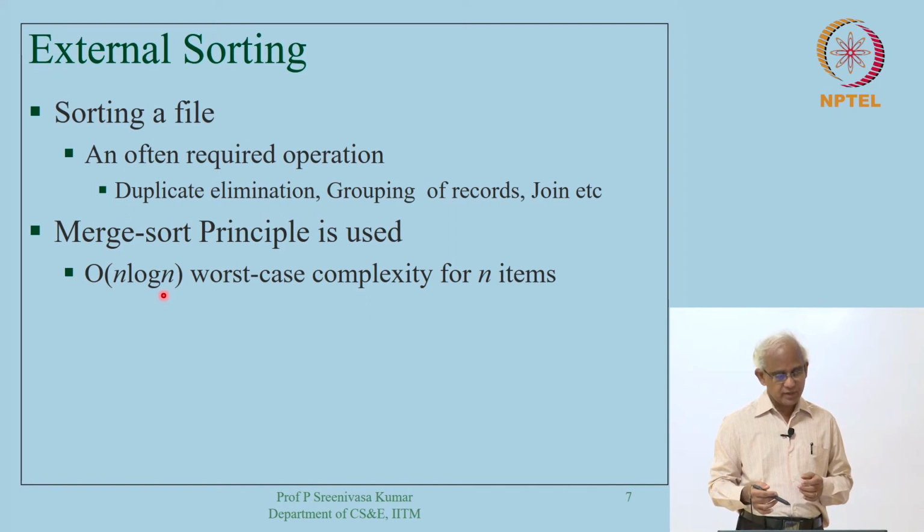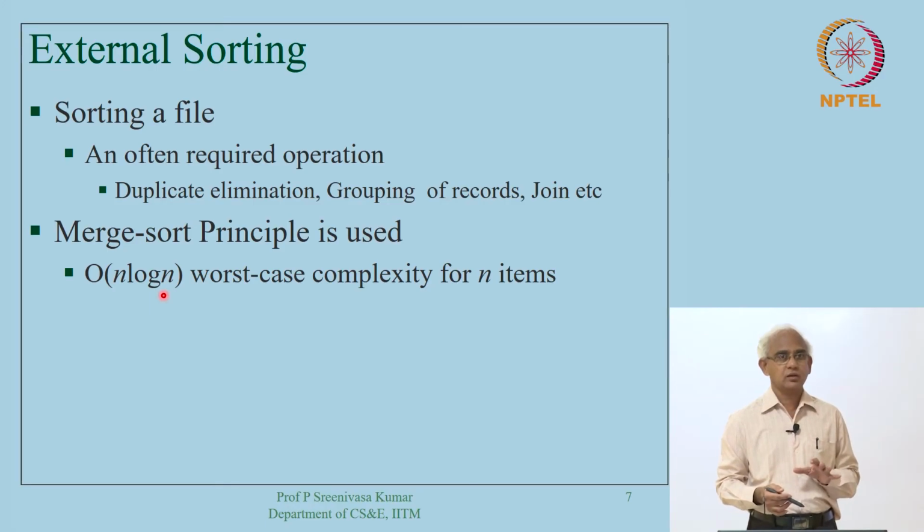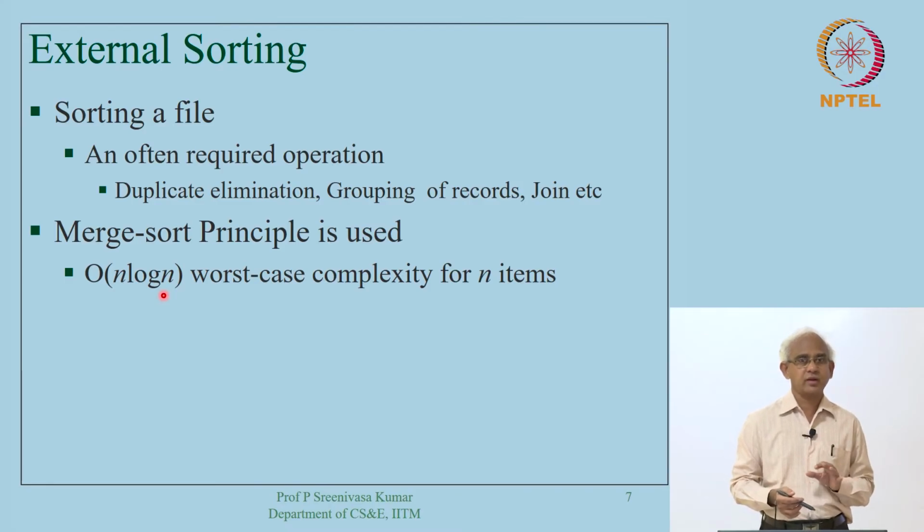The merge sort principle is used in this case. Merge sort is familiar to you. It is an order n log n worst case complexity algorithm for sorting n items. We have discussed it in the data structures and algorithms course for in-memory sorting.